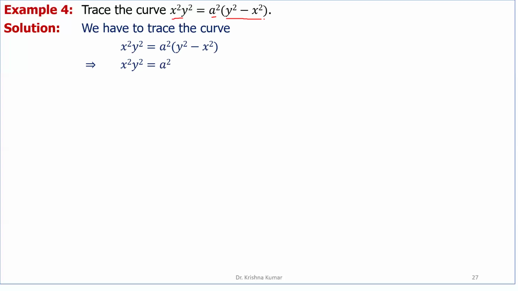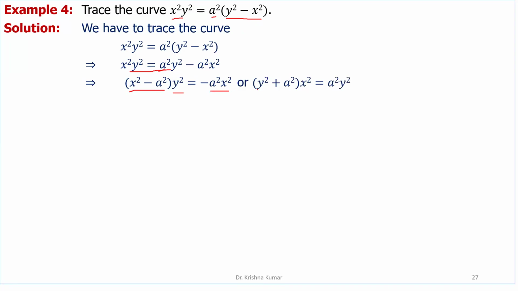x square into y square, which is equal to a square y square minus a square x square. Now we are replacing this to the left hand side. So it will be x square minus a square into y square, which is equal to minus a square x square.